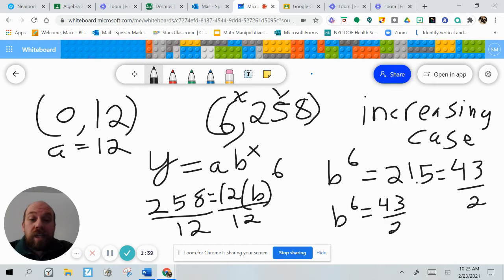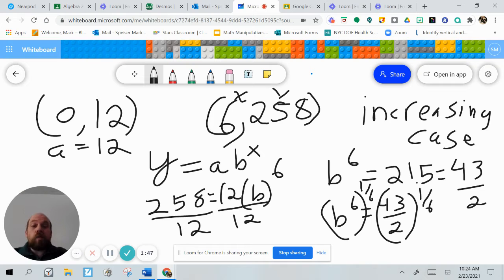To solve for b, you raise to the power of its reciprocal, 1/6. So 43 over 2 to the 1/6 power. And you get b to 3 decimal places, 1.675.